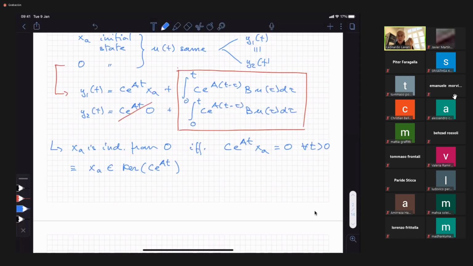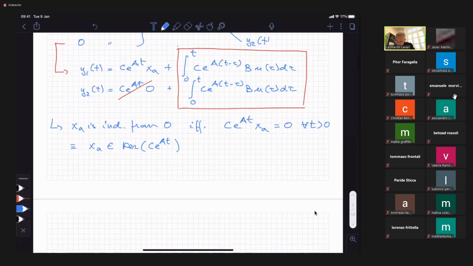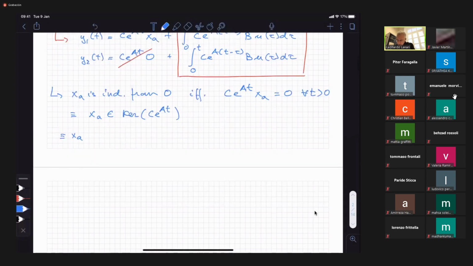If I have an initial condition 0, there will be no evolution since there's no input. If I take another input and it creates no free evolution, this state is going to be unobservable. Okay, so this is equivalent to say that the state XA is unobservable.